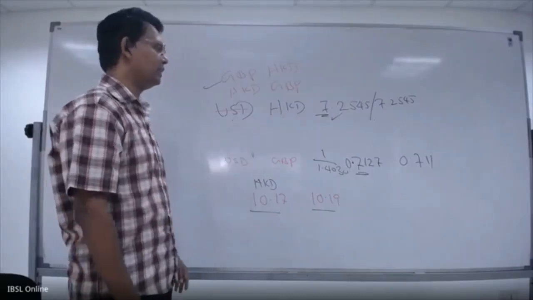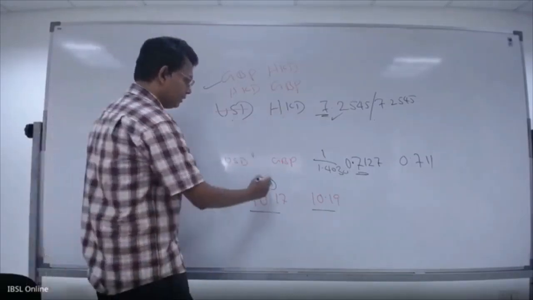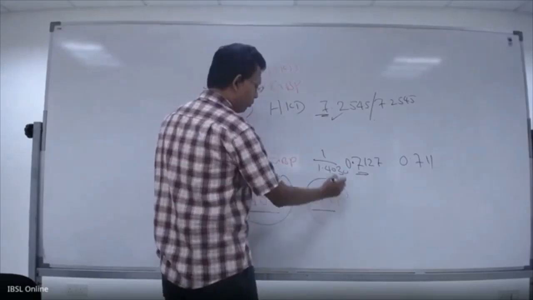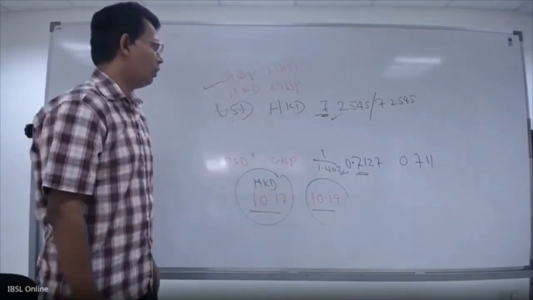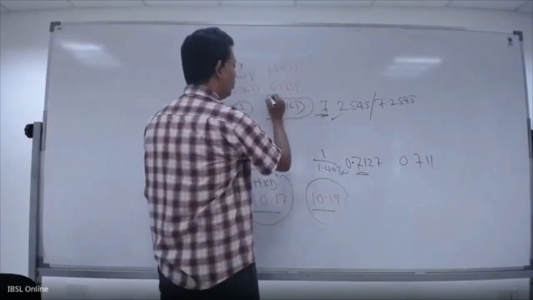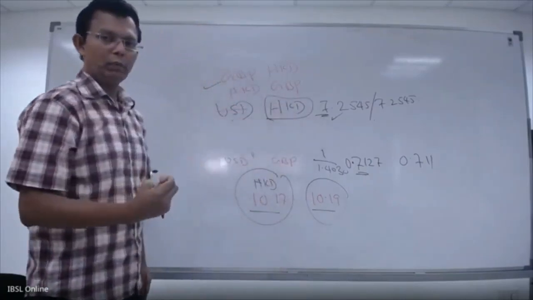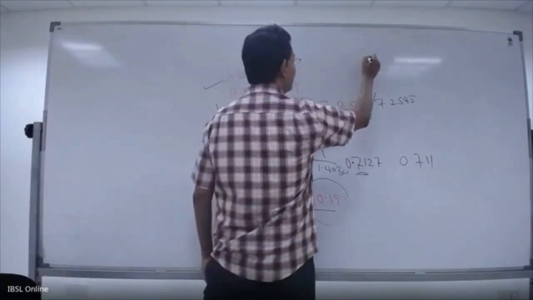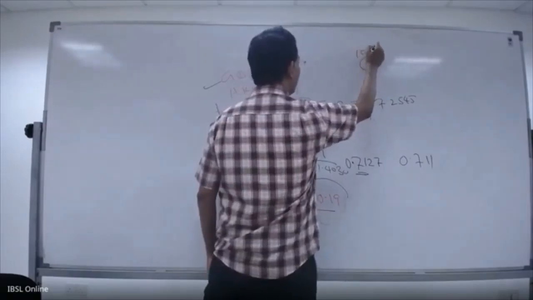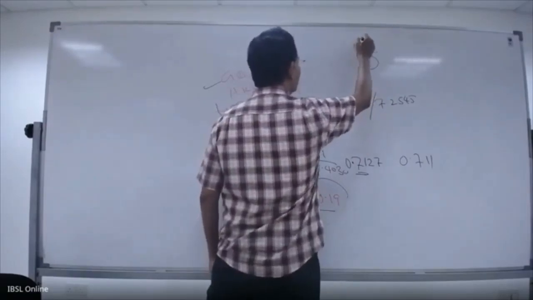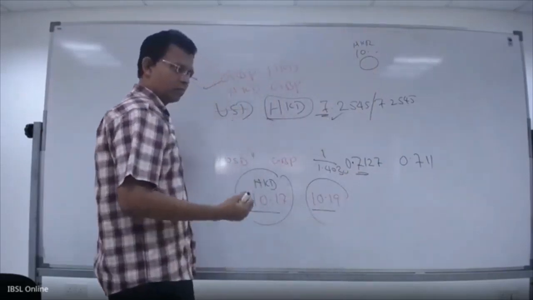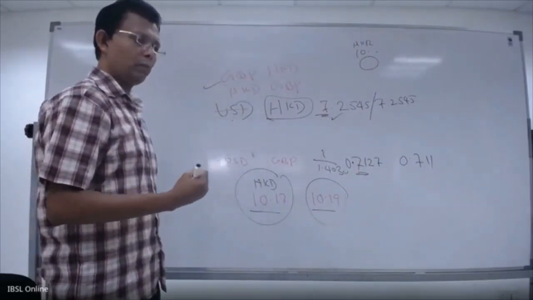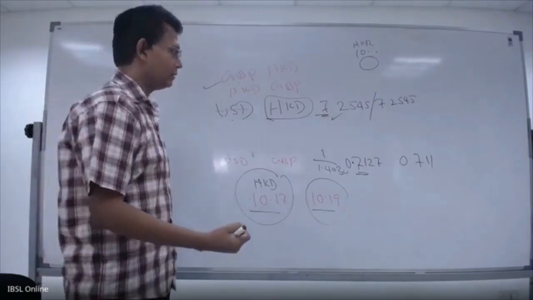HKD pays more, so it should be on your right hand side. The amount you pay more should be on your right hand side.